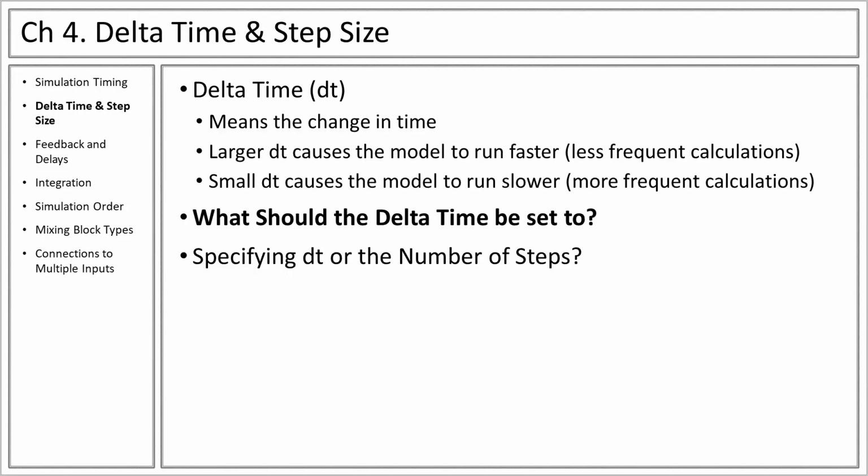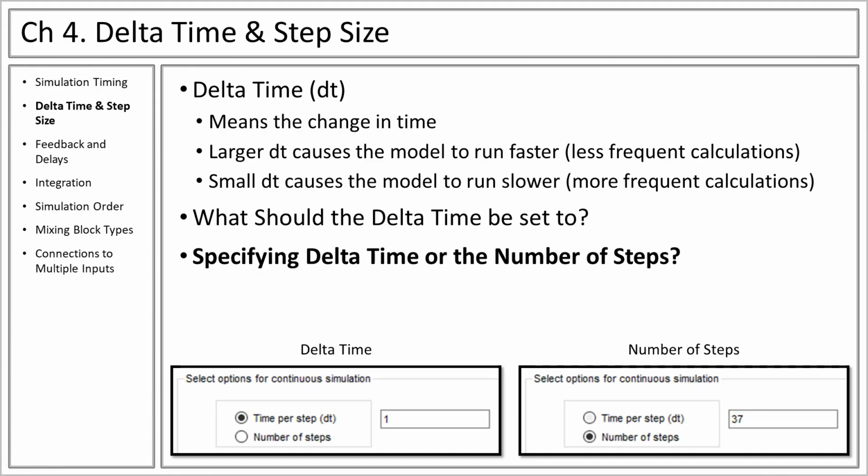If there is a significant difference, reduce the delta time by half and run the simulation again. Continue reducing delta time until you determine a delta time which results in no significant difference compared to the smaller delta time. The main idea is to use the largest delta time that will give accurate results without slowing down the simulation unnecessarily.